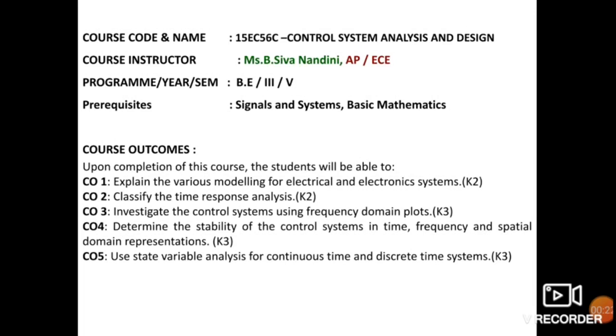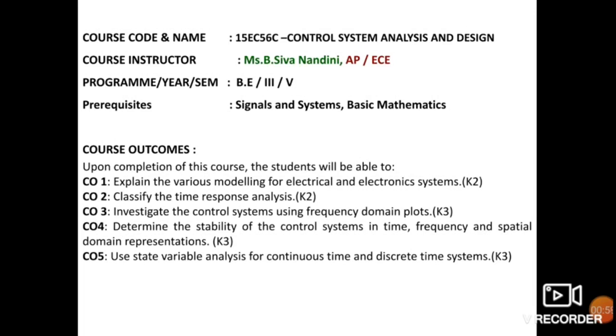Normally an electrical or electronic system is expressed in terms of a mathematical model for designing those systems. For easy convenience, before designing the electrical and electronic systems, they are represented in a mathematical model. How we are going to represent those systems in a mathematical model, and what techniques are used for designing those mathematical models, we will see in this first unit.